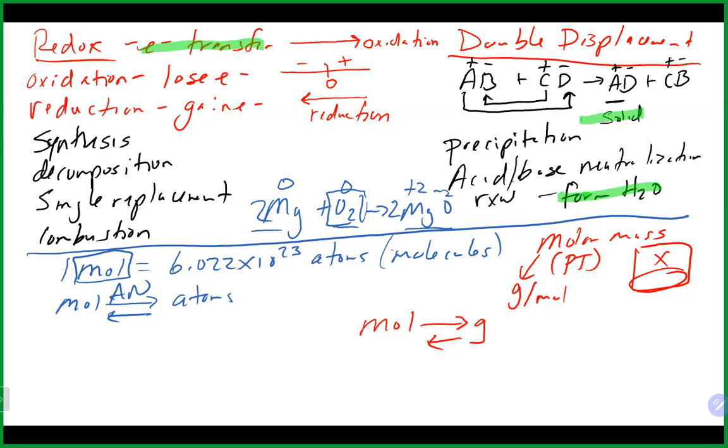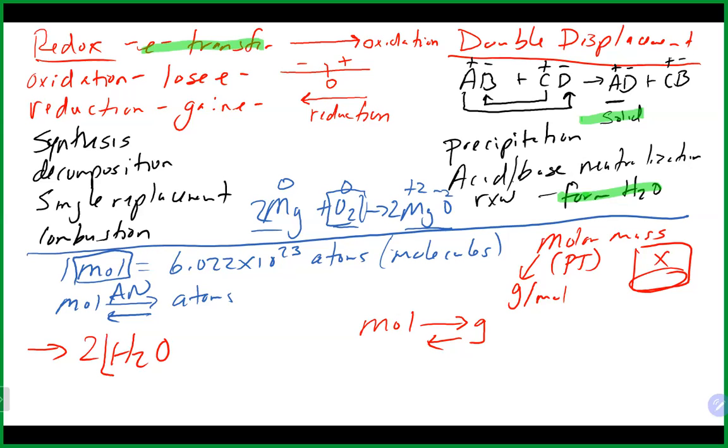It's important for molar mass that it is always 1 mole. So whenever you need to calculate the molar mass for something, regardless of whether it's in an equation with a number in front of it, it doesn't matter. You should only take the formula, and that's the only thing you should use to calculate the molar mass. So if we had water in an equation with a 2 in front of it, it doesn't matter.